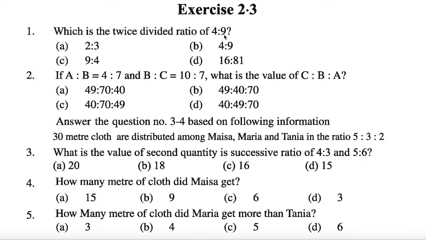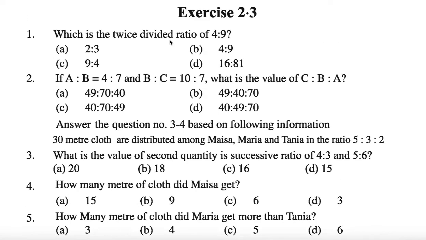Twice divided ratio of 4 is to 9. This question, I don't think it is valid.